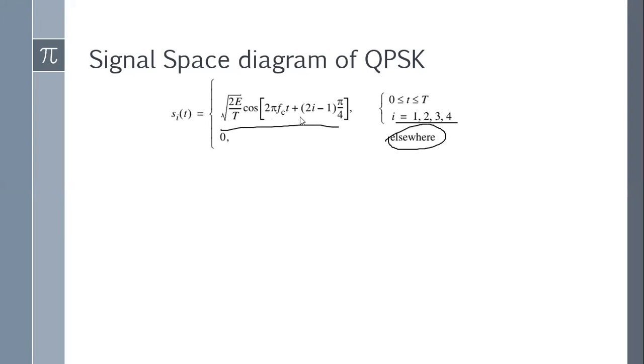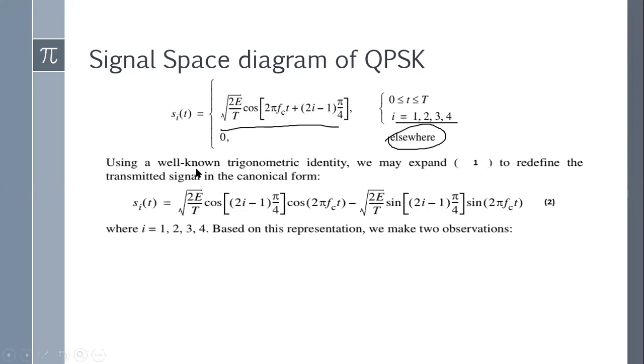You all know it. We can consider this as cos(A plus B). So this cosine form represents cos(A plus B), and I will use this trigonometric identity to expand it. So when I expand it, I get this equation. You can see what I have done: I have simply expanded using the formula of cos(A plus B).